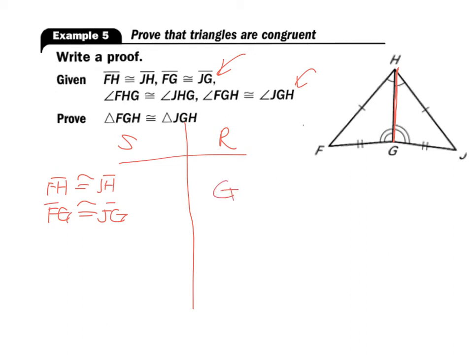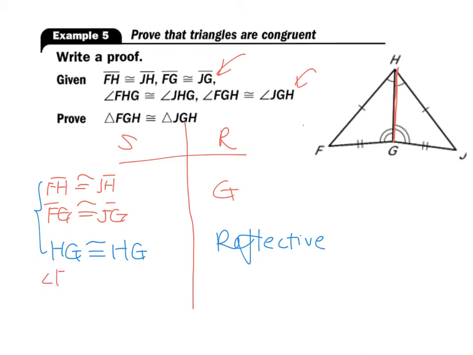These are given. And the third line is HG. Because of the reflexive property, HG is congruent to HG, so now I have 3 sides all taken care of, okay?